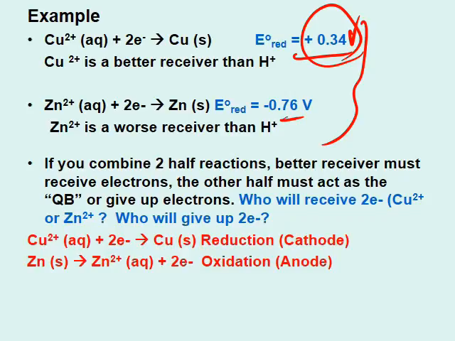So in other words, if I'm going to combine this first reaction with the second one, the second has to reverse its role. That means the second reaction has to go like this, zinc becoming zinc 2+ plus 2 electrons. So it will have to give up electrons, and copper then can absorb or receive those electrons.